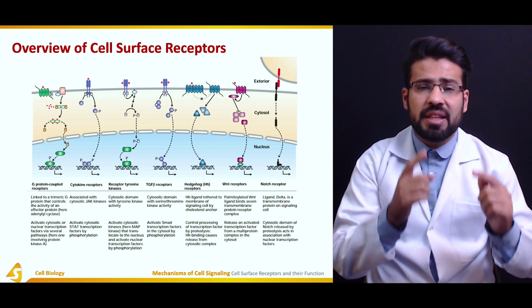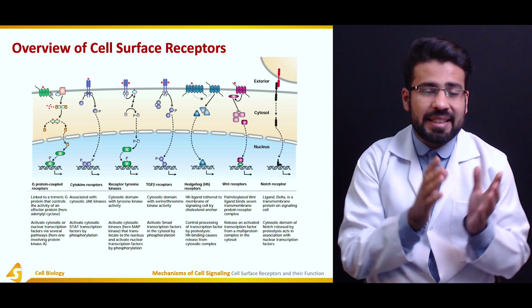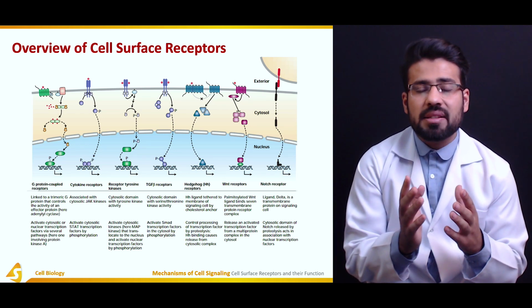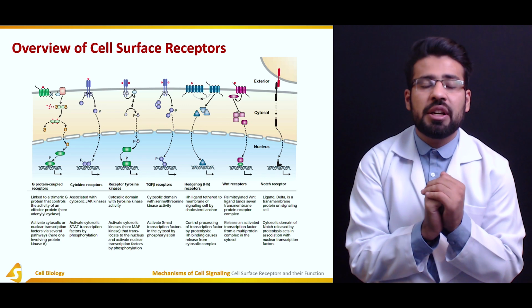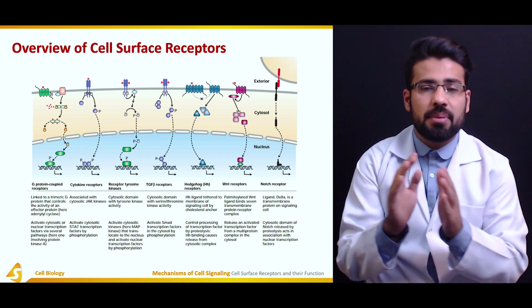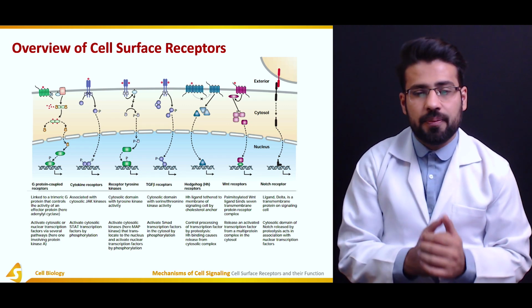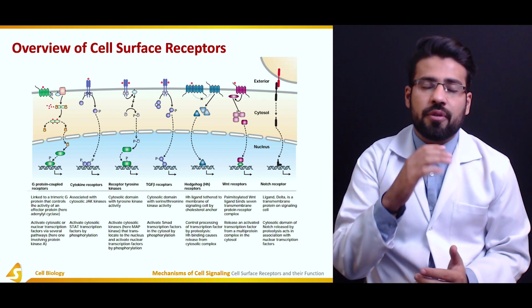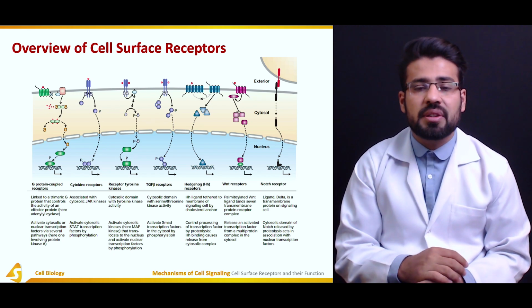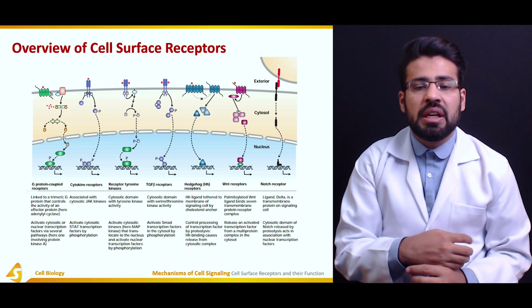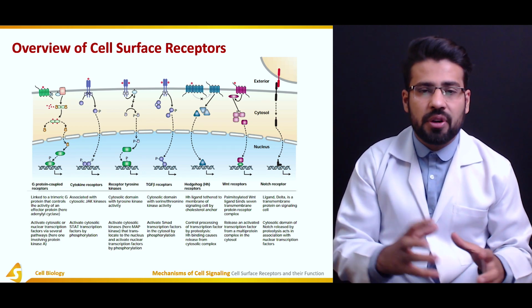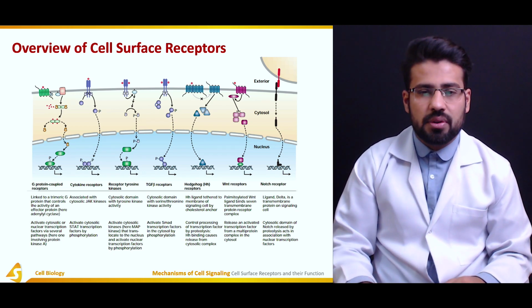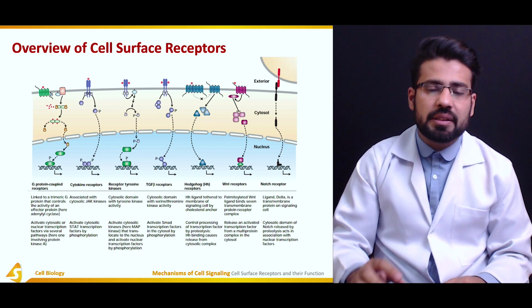We are talking about the ligation by the activation of the ubiquitin ligase activity, where it is tagged with ubiquitin molecules so that they are degraded by the proteasome. So, of course, hedgehog binding also will result in the release of the molecule from the cytosolic complex, of course, that we have already discussed in the previous section.